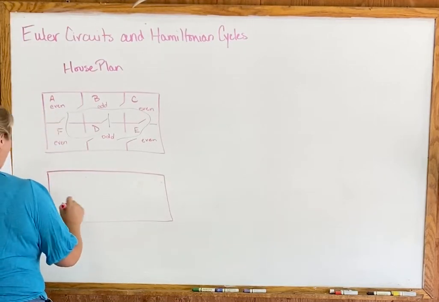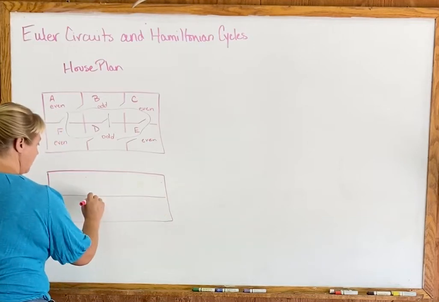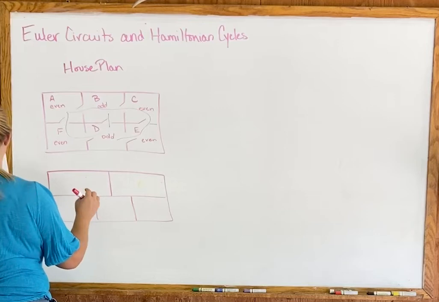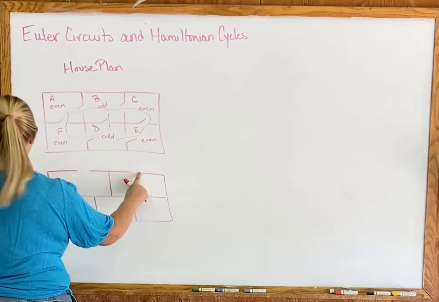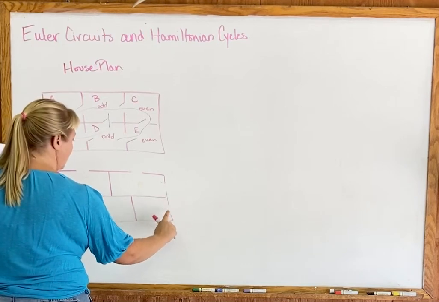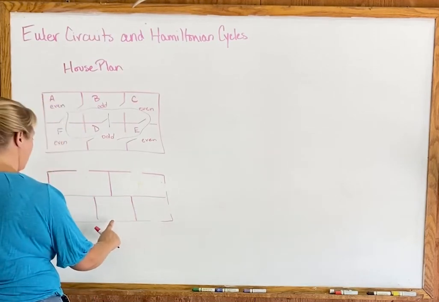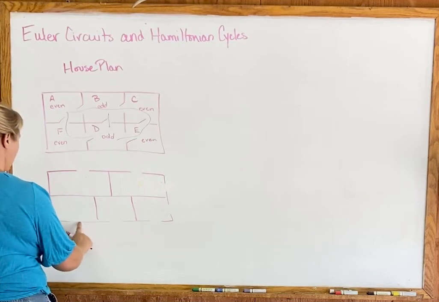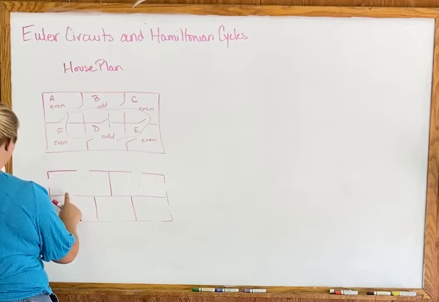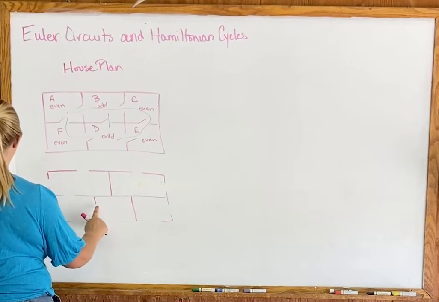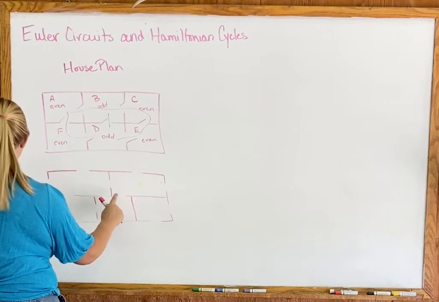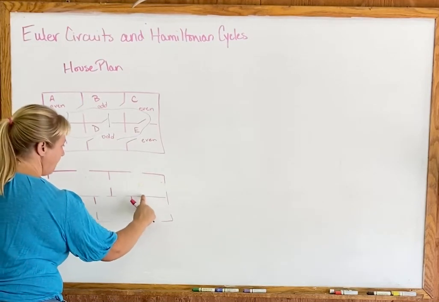Okay. We've got 3 rooms down below, 1 room up top. We've got doors. See, it's so much easier when you have it all done for you. But at least I can erase with my finger. Doors everywhere.